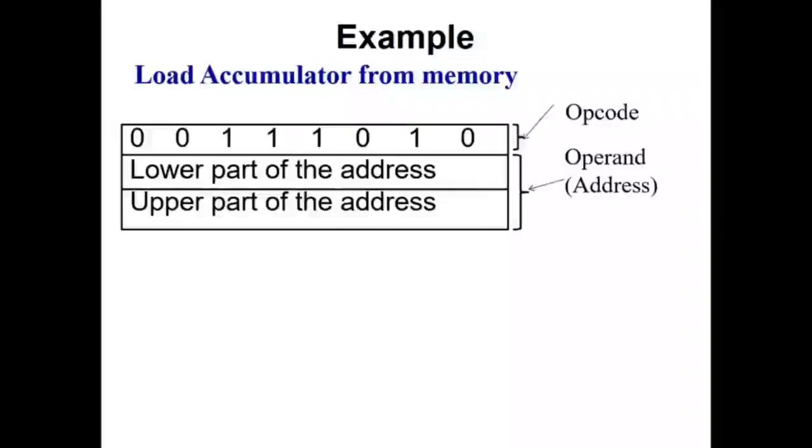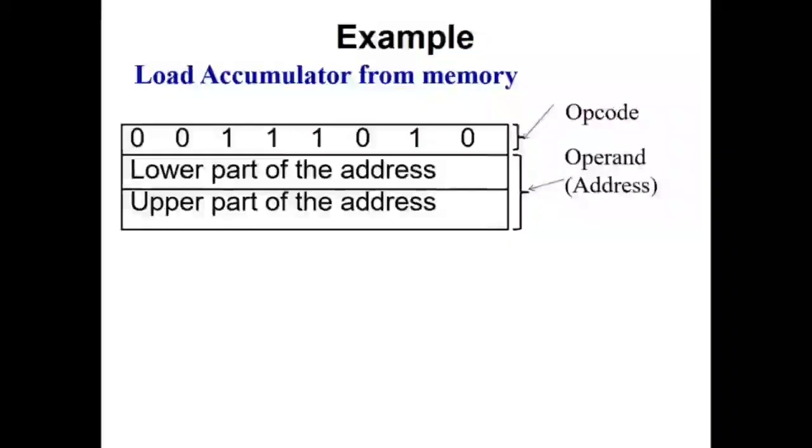We don't mention the accumulator, because that is a default. Whatever comes from memory goes to the accumulator. So what we need to do is just mention the address of the memory location we are moving the data from. This one is a 3-byte instruction.